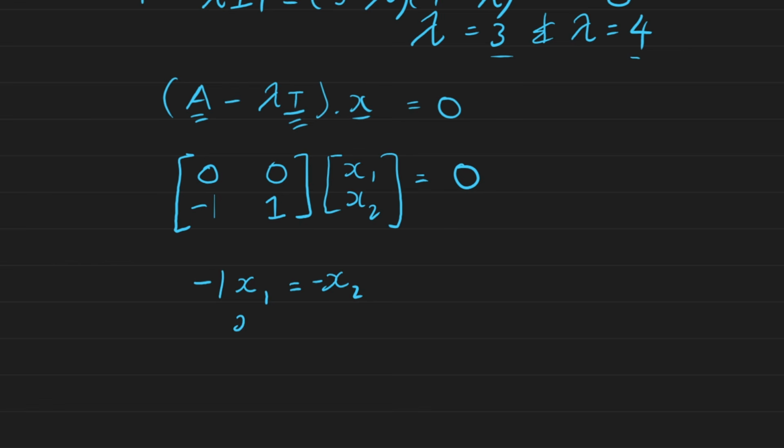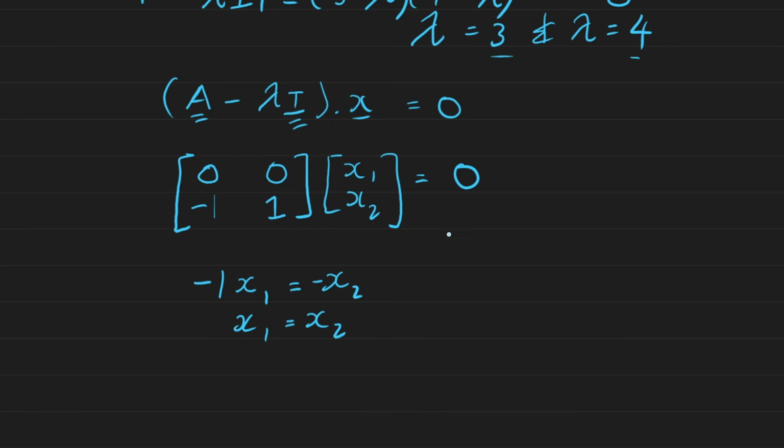That means simply that x1 is equal to x2. So we haven't determined a distinct eigenvector for specific values of x1 and x2, though we could. What this is saying is that since the first row is a trivial solution, we can choose any value for x1 as long as the value for x2 is the same.